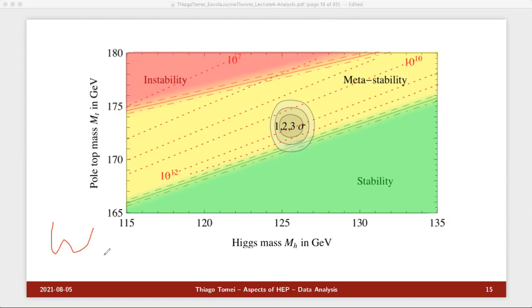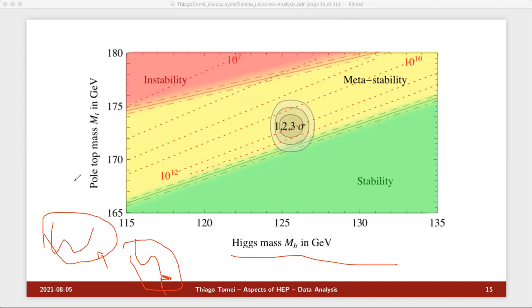It may turn out that with some quantum corrections, the vacuum may destabilize. The potential goes from something like this to something like this, which means that there is no true vacuum, there is no lower energy state.